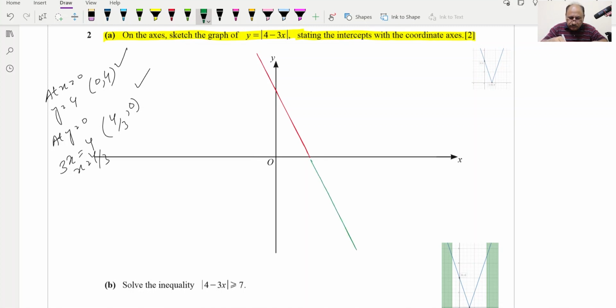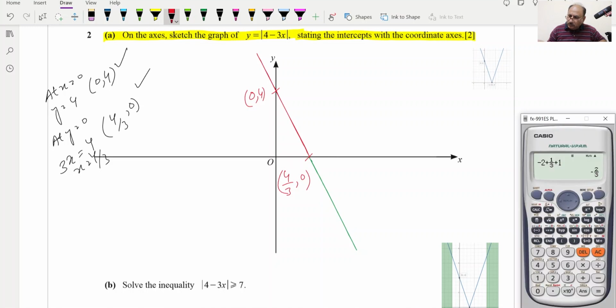This is the negative side, and for your explanation, this point as we discussed is the y-intercept, having coordinates 0 and 4, and this point over here is 4 by 3 and 0, or 1.3 recurring. Basically 4 over 3 will be equal to 1.3 recurring, so we can write like this.